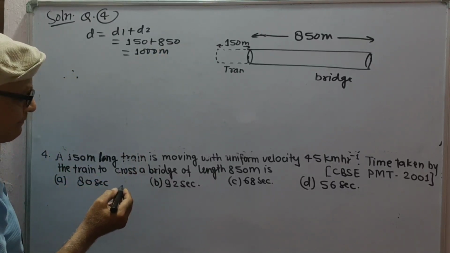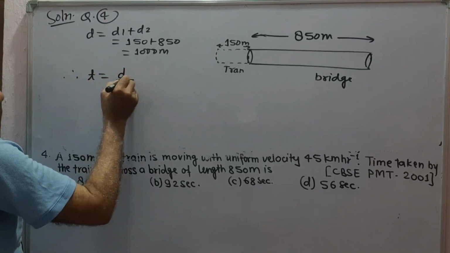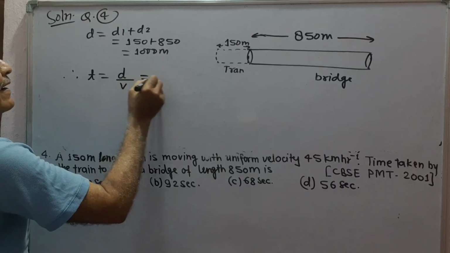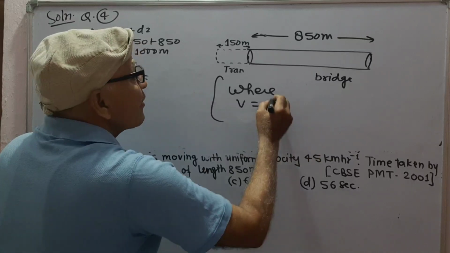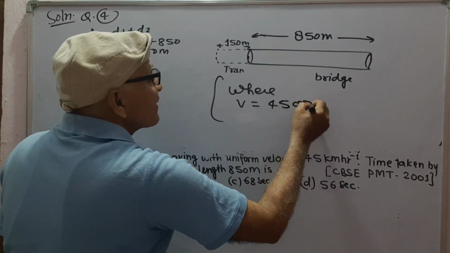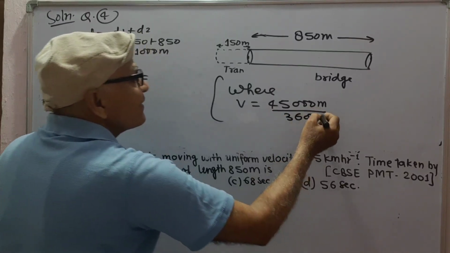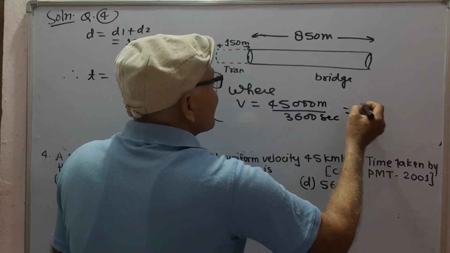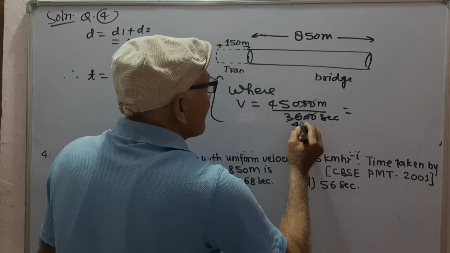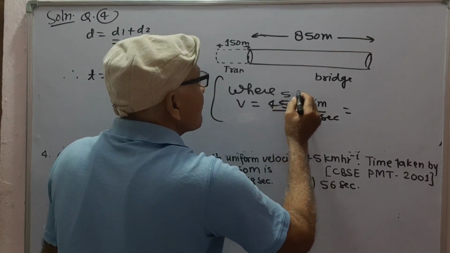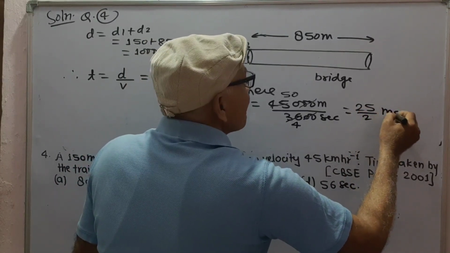Therefore, time will be equal to distance upon velocity, where velocity is 45 kilometer, which means 1000 meter upon 1 hour, which means 3600 second, which gives 25 upon 2 meter per second.